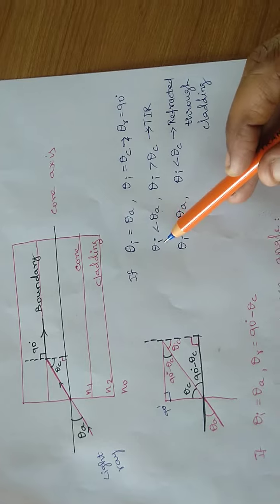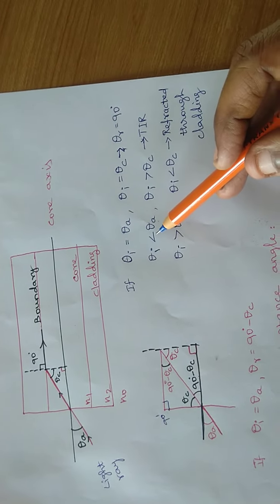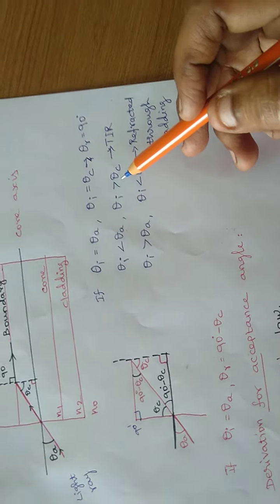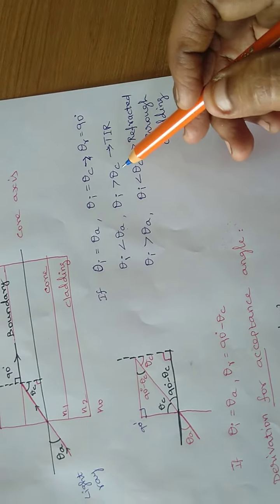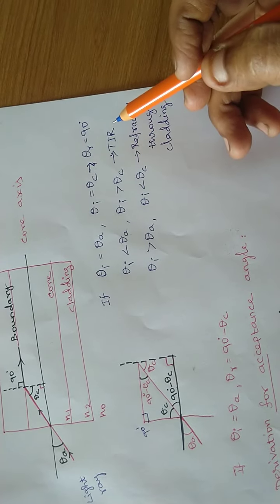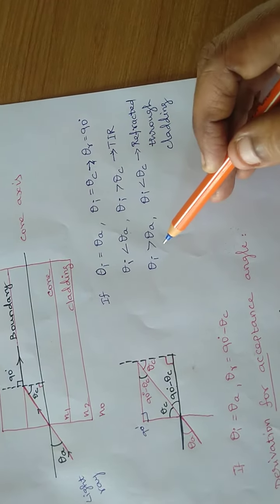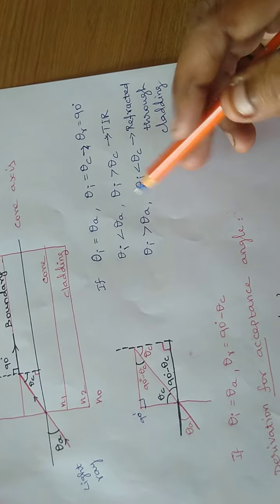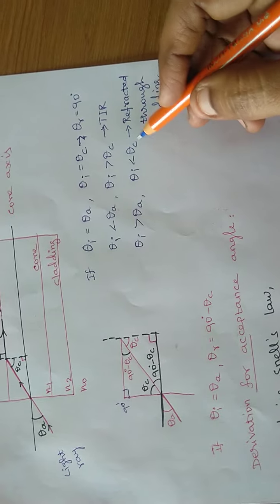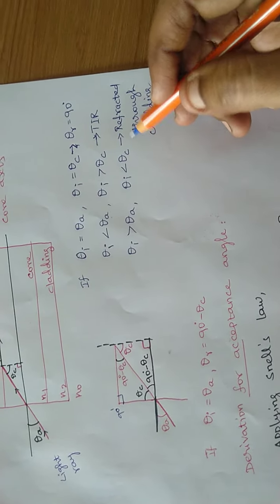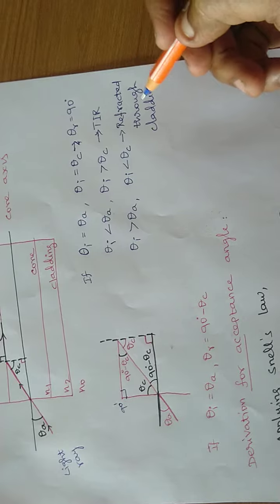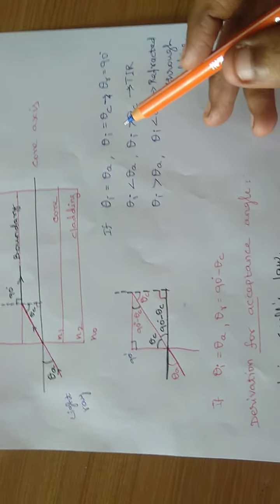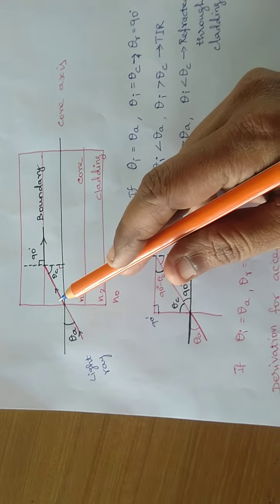The second case: when the angle of incidence at the entrance is less than the acceptance angle, the angle of incidence at the boundary is greater than the critical angle and the condition of total internal reflection will be achieved. The third case: the angle of incidence is greater than the acceptance angle, so the angle of incidence at the boundary will be less than the critical angle and the light ray gets refracted through the cladding. So these are the possible cases when a light ray is incident at the entrance of the fiber.